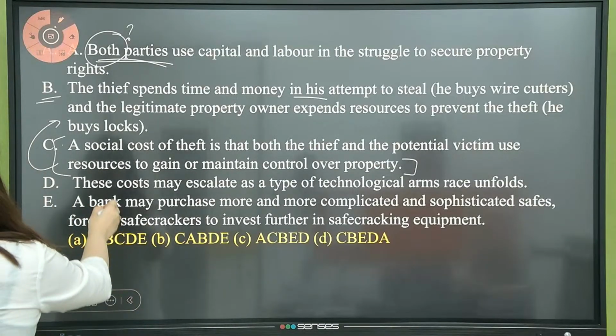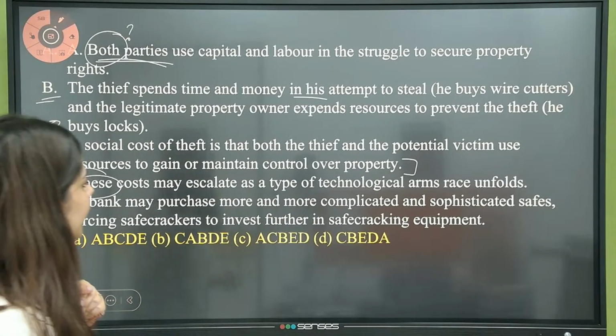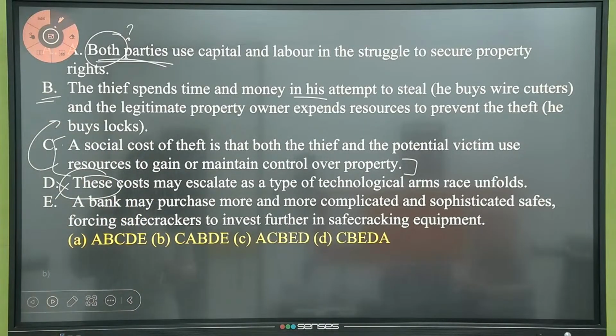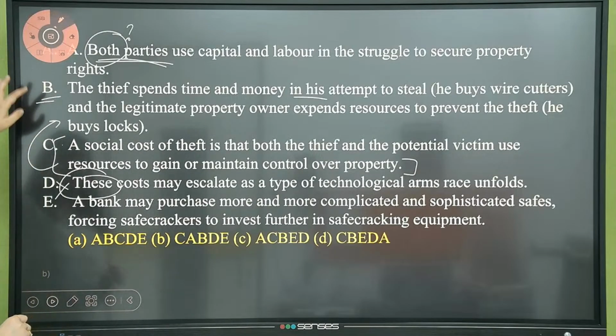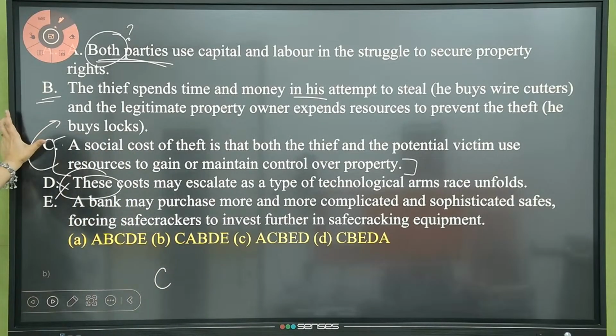Next, these costs. What are these costs? We don't know. A bank may purchase more and more complicated and sophisticated safes, forcing safe crackers to invest further in safe cracking equipment. Right? So now, if we look at the sequence, C talks about a social cost of theft is that both the thief and the victim spend their resources.